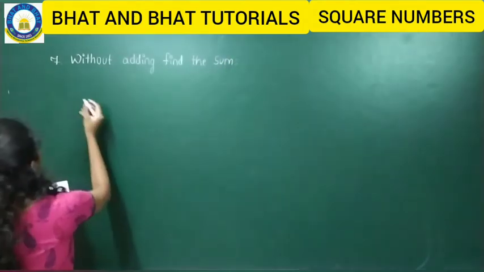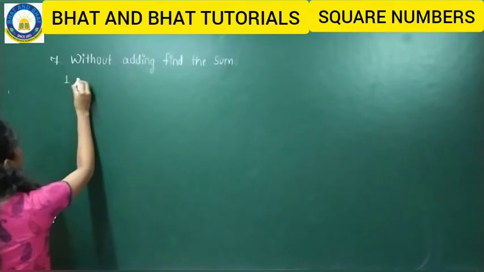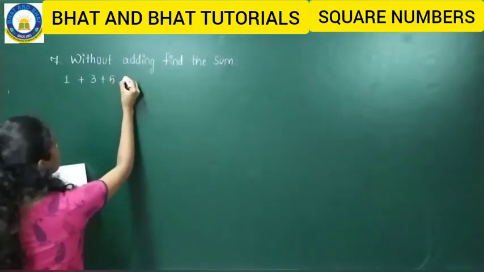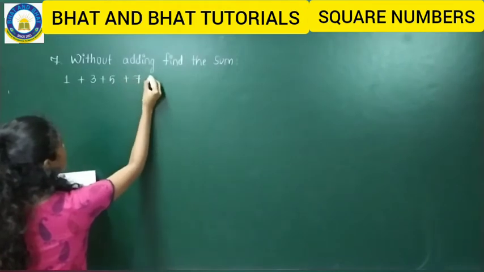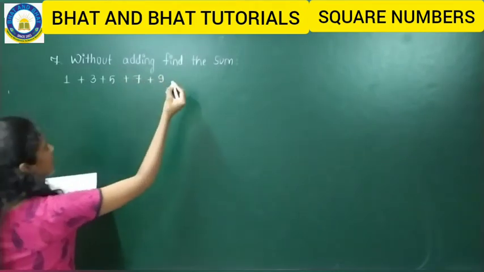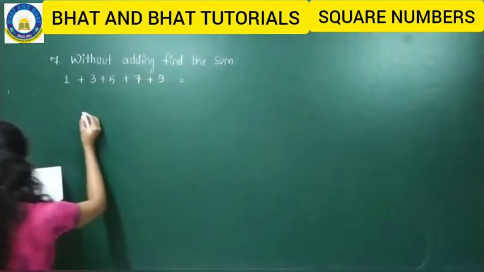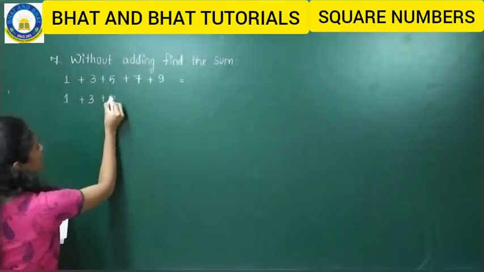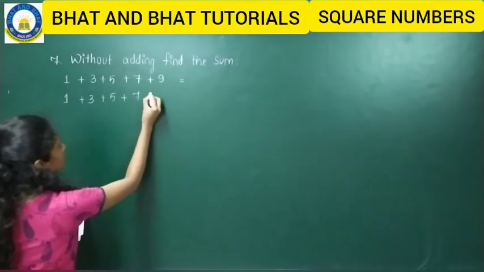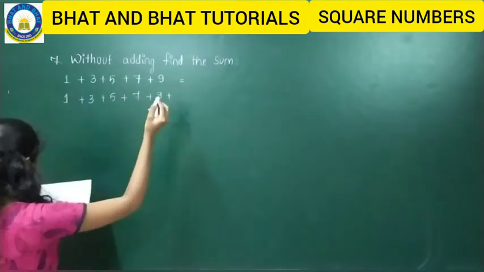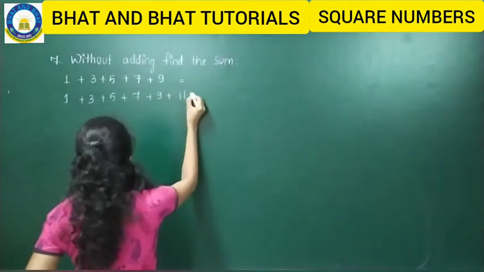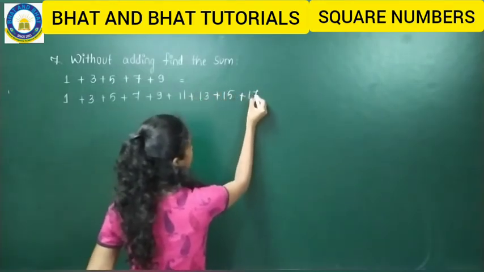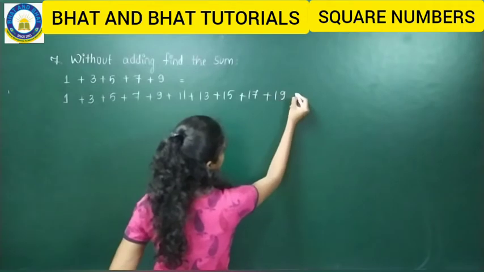There are some numbers. I'll just write those numbers. 1 plus 3 plus 5 plus 7 plus 9 is equal to. Next question, 1 plus 3 plus 5, 7, 9, 11, 13, 15, 17, 19.